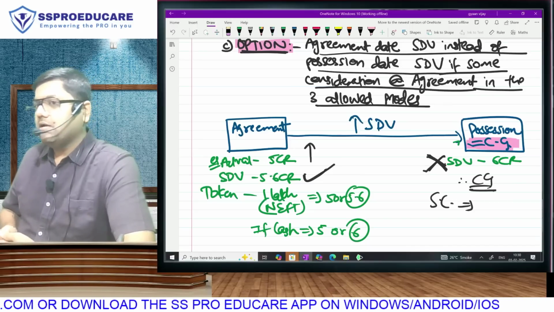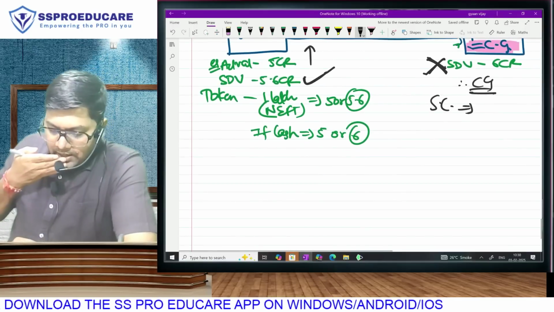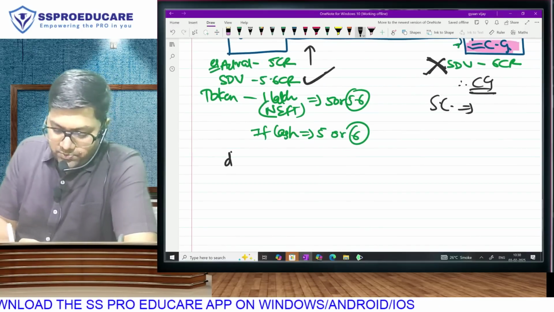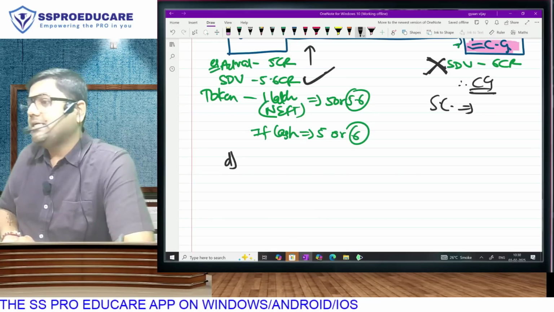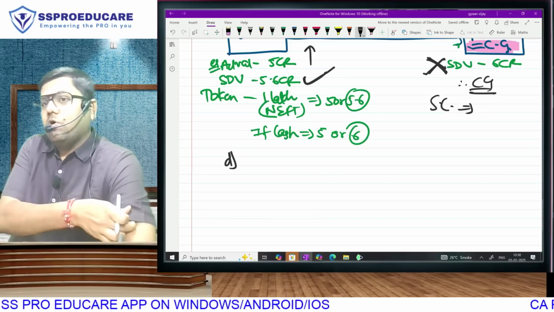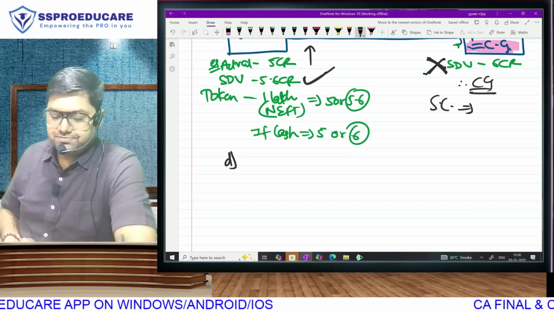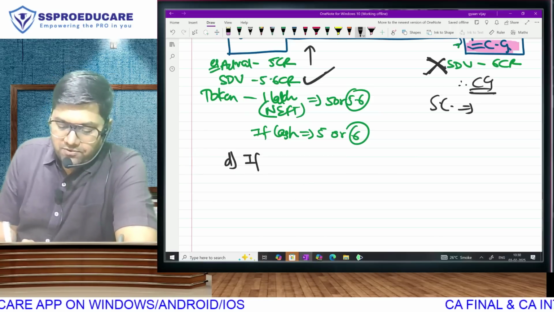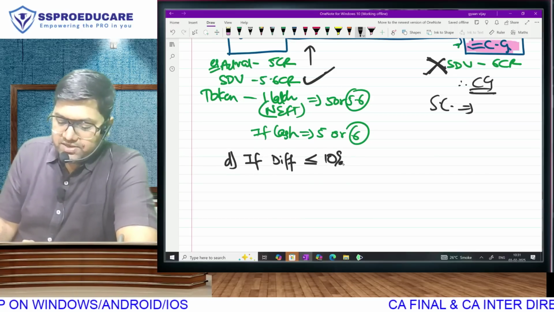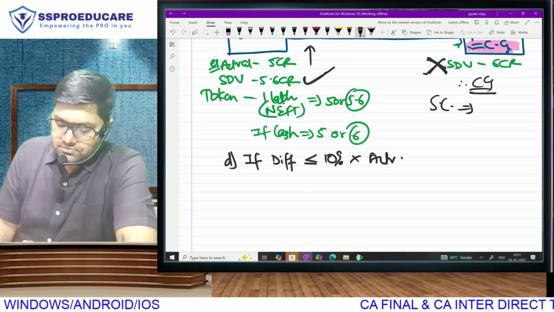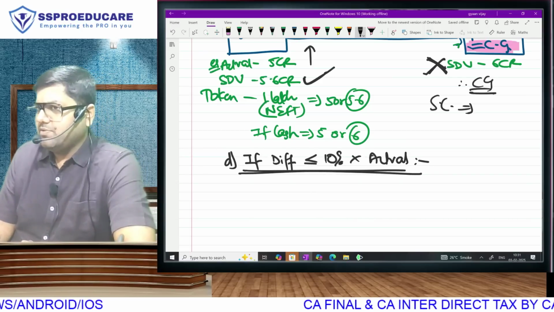Is this clear, everyone? And the last point under 50C, point number 9 of special cases of gross sale consideration. Last point. If the difference is up to 10% of actual, no need to apply stamp duty value.